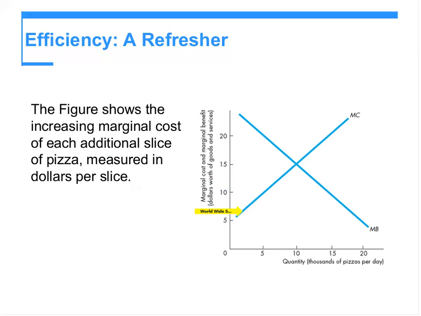As you can see, as we increase in producing more product to be able to keep up with the market, the marginal cost is also increasing. Okay, so the marginal cost of each additional slice of pizza measured in dollar per slice. At the beginning it was around 5, and 10, 15, 20.